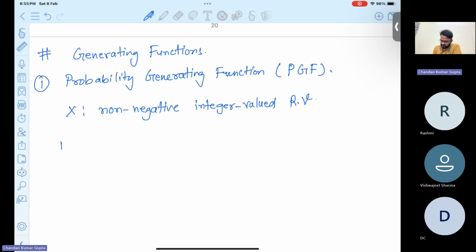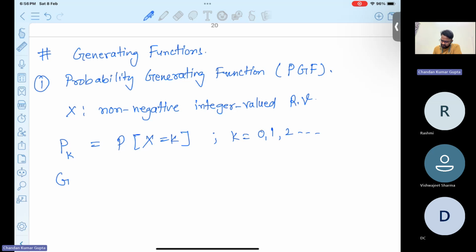Then we generally use the notation P_k for the PGF: P_k is the probability that X equals k, for k equal to 0, 1, 2, and so on.